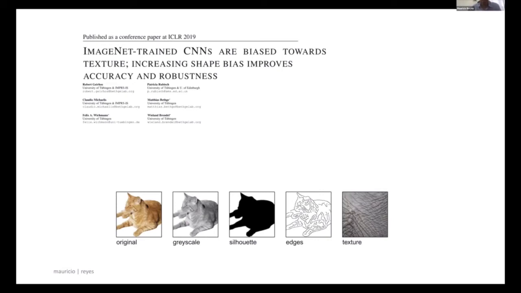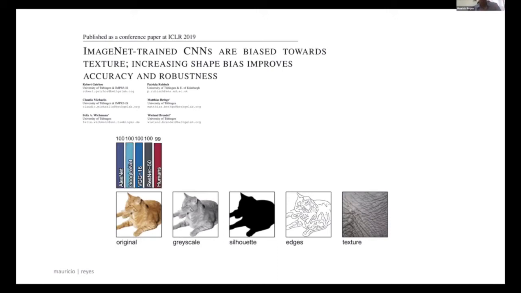So what they did here is they took images and started removing information. You see this cat: you remove the color, you remove the rest, and you just leave the silhouette. You only leave edges, and as a counterexample, pure texture. Now, you train systems, and you also ask humans to do this classification. What do you see here?